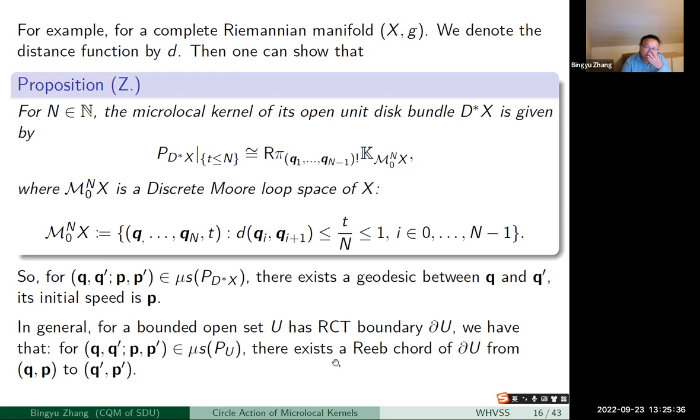So in this way, we can think of the microlocal kernel as some version of condensation of a Reeb flow of the boundary.